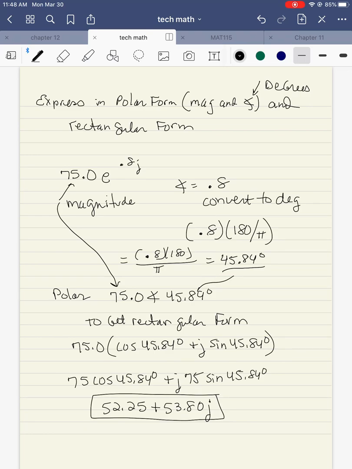Then I take the sine of 45.84 degrees, multiply that by 75, and I get 53.8. Make sure you're taking the cosine of 45.84 degrees, not the cosine of 75 on your calculators. So if you're not getting these numbers I'm getting, you might be taking the sine or cosine of 75, not of the actual angle. But anyway, the rectangular number would be 52.24 plus 53.80j.